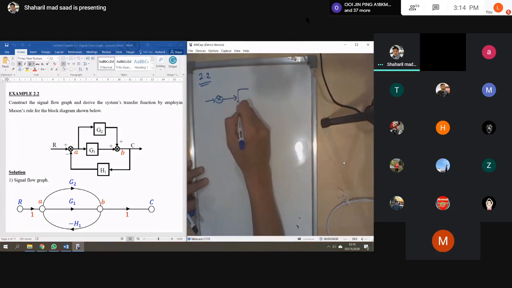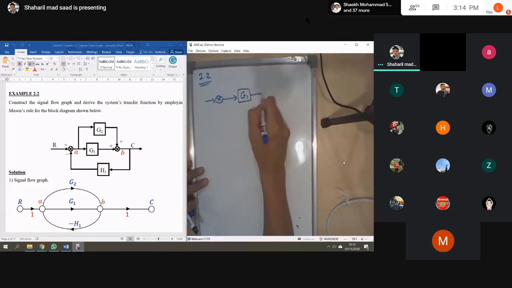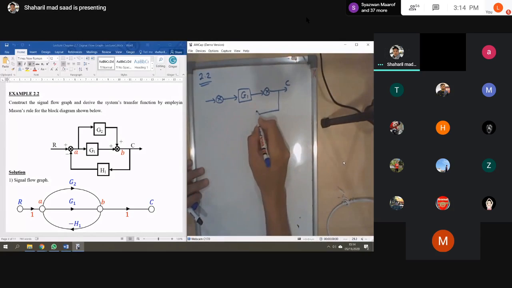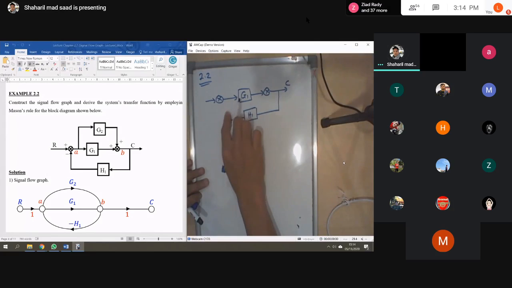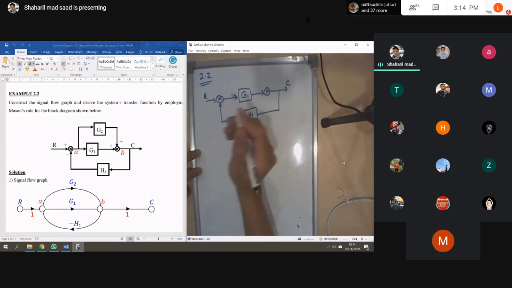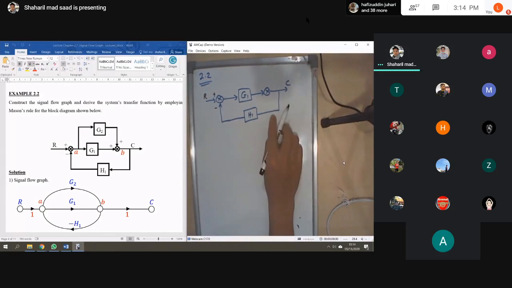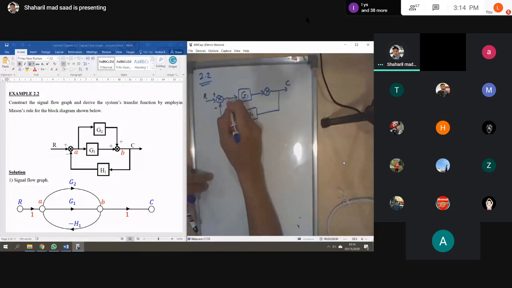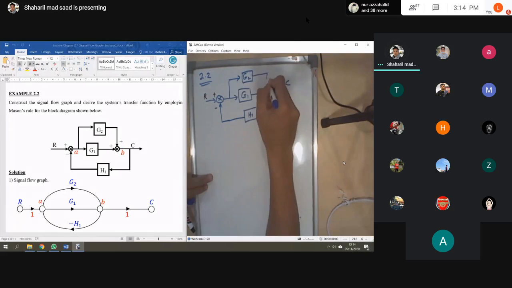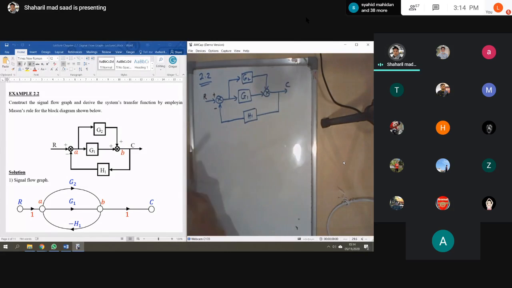How to draw: G1, H1, R plus minus, and you have another one, G2, plus.